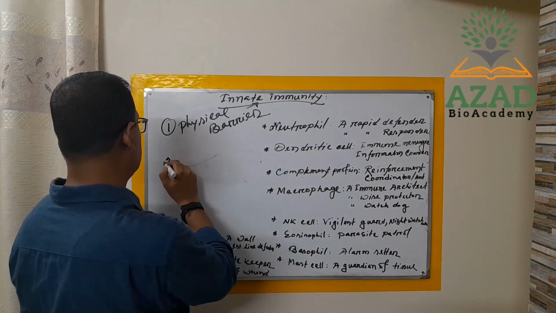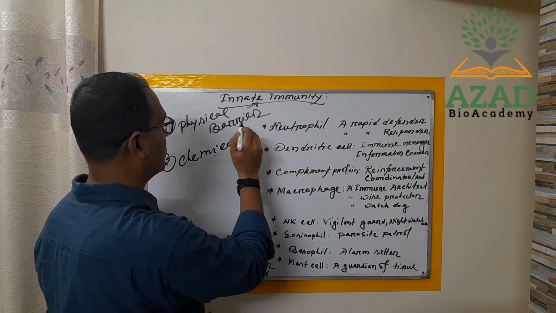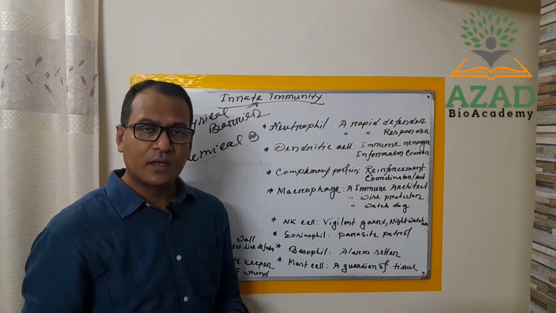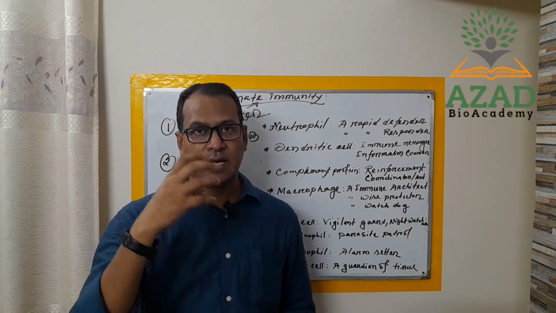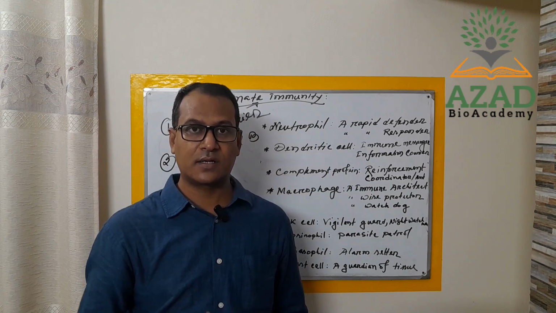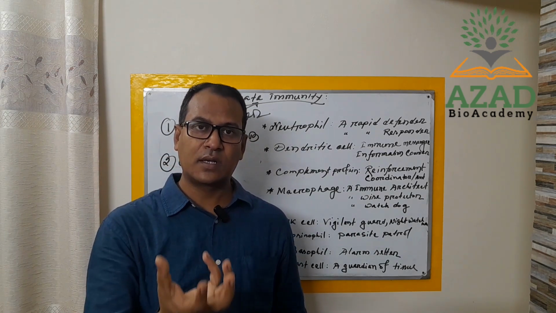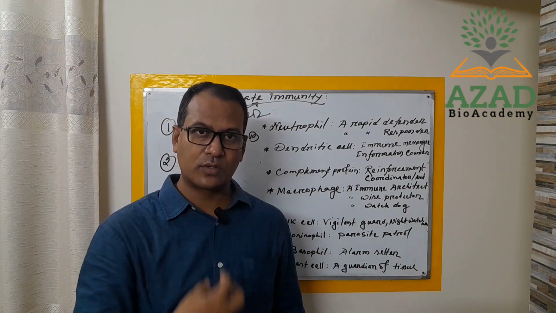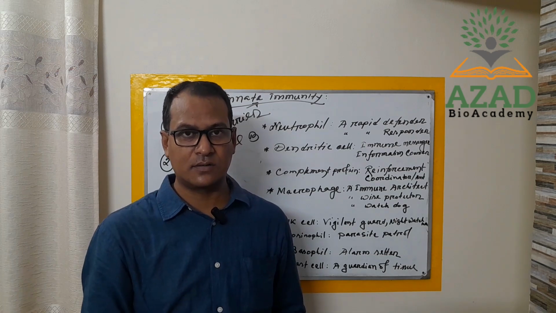Another one is the chemical barrier. Your body has some chemical substances that will instantly attack microorganisms. Like in your GI tract, the stomach has hydrochloric acid. When a microorganism enters through your oral route, your HCl degrades it.